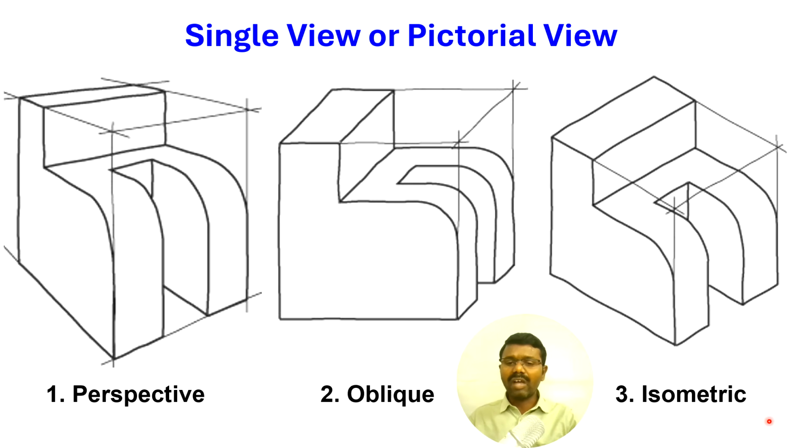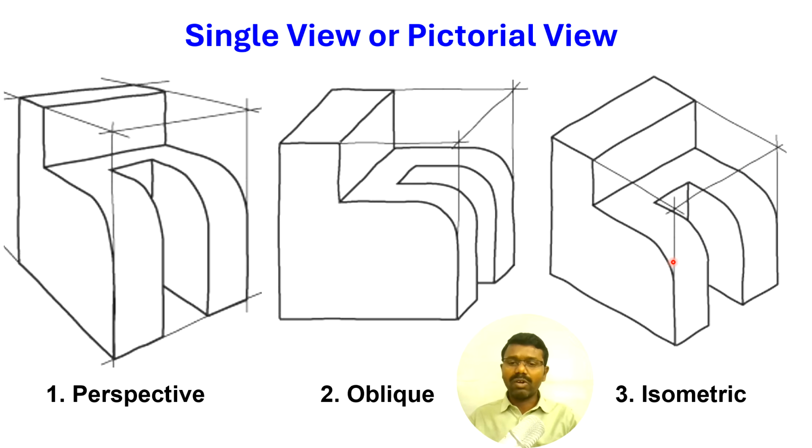The next one is the isometric view. In the isometric view, all these 3 planes are oriented with equal inclination. If you assume this is the x-axis, y-axis and z-axis, the angles between these 3 axes are made equal.